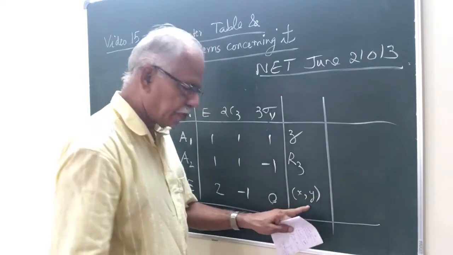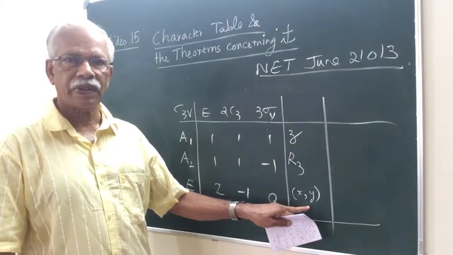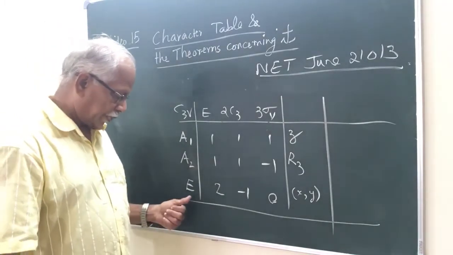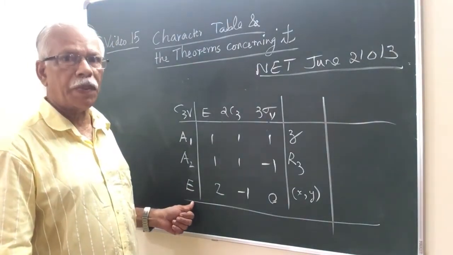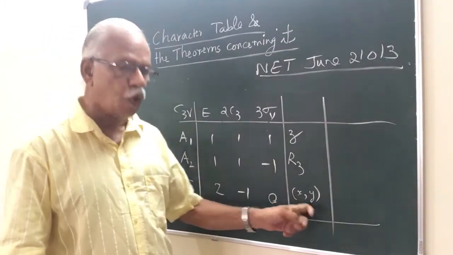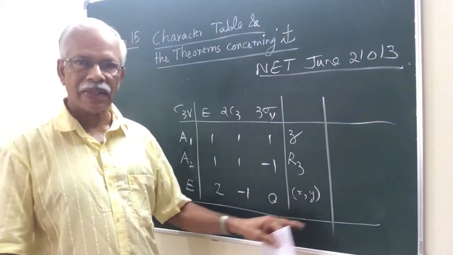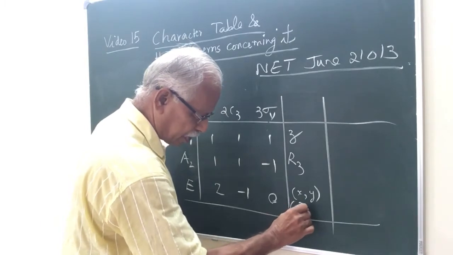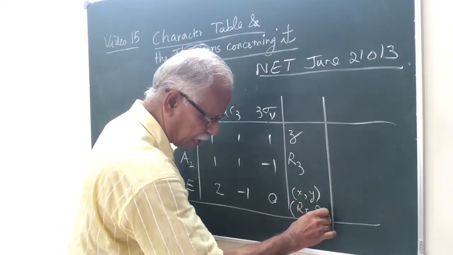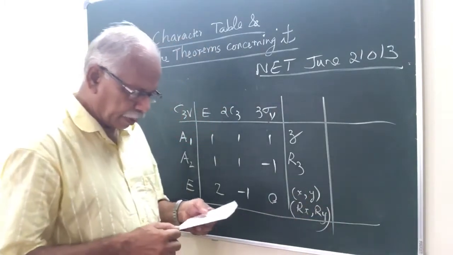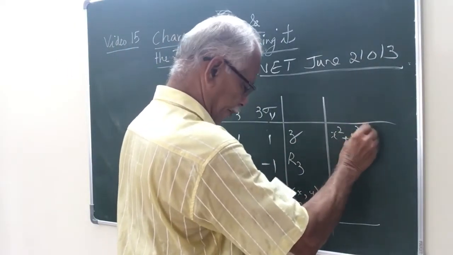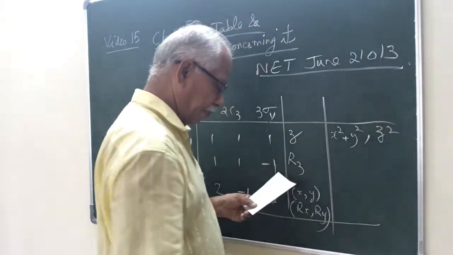A pair of basis functions is needed for a 2-dimensional irreducible representation. 2-dimensional means there should be 2 functions forming a set of basis functions. Here it is Rx, Ry, another set. Then x squared plus y squared, z squared coming here.